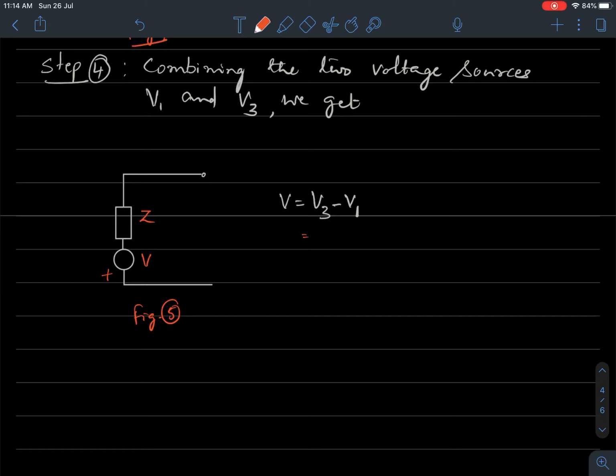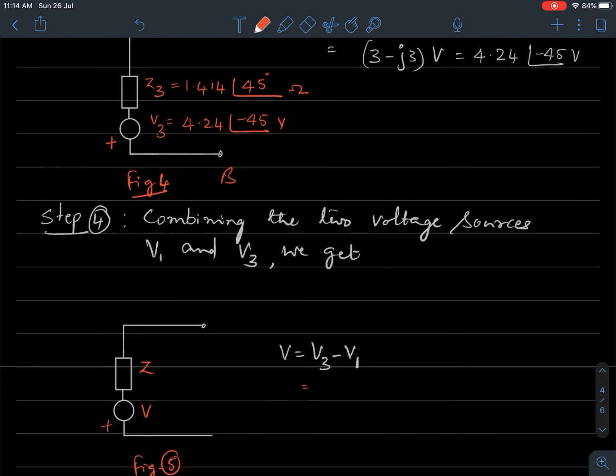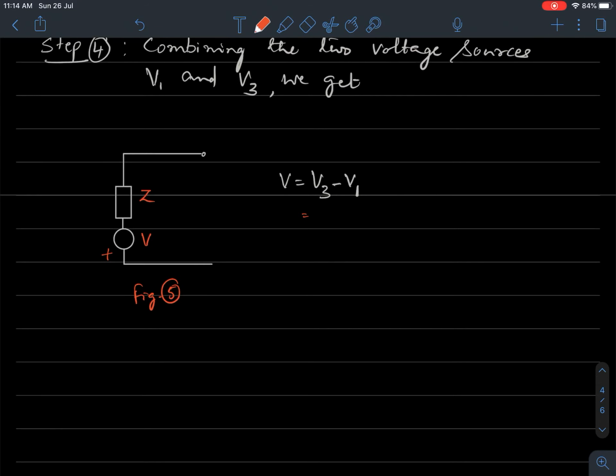Alright, so we will substitute these two quantities and compute. What is my V3? V3 is equal to 4.24 at an angle minus 45, minus the other source, which is 10 at an angle 0.